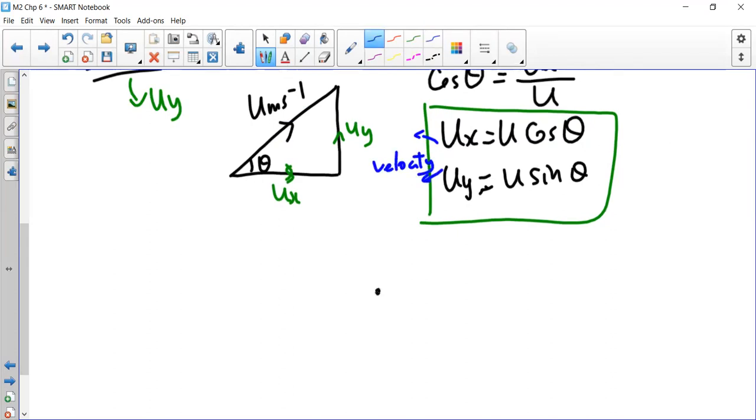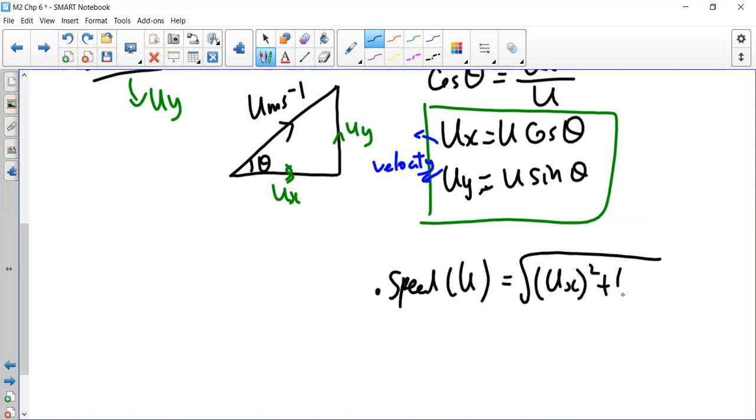One more bullet point for speed: the speed U will equal the square root of UX squared plus UY squared.